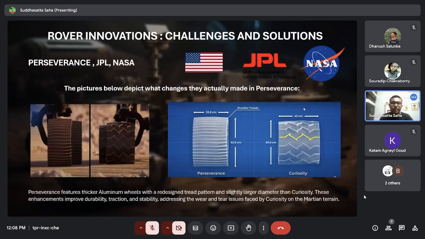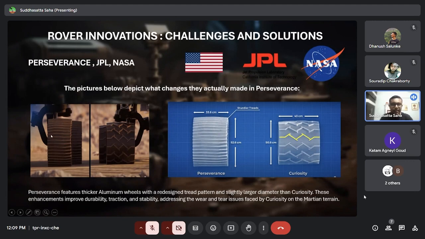They used wheels of improved dimensions, new dimensions. On your right, you can see the Curiosity wheels, and on your left, you can see the Perseverance wheels. You can see a lot of differences, like the diameter has been increased, the thread pattern has been changed.